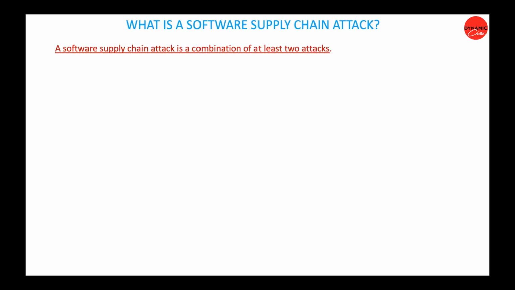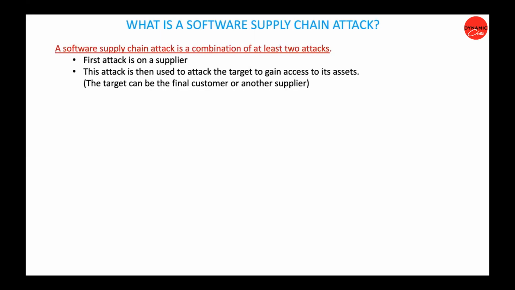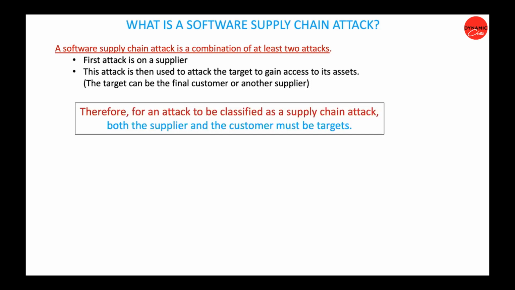The first attack is on a supplier, and then that attack is leveraged to target and gain access into the final customer or another supplier. So there are two distinct attacks. Therefore, the first important point is that for an attack to be classified as a supply chain attack, both the supplier and the customer must be targeted.